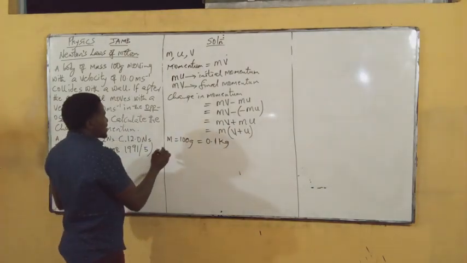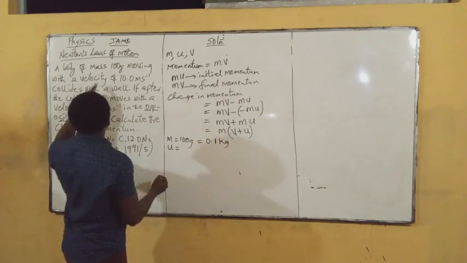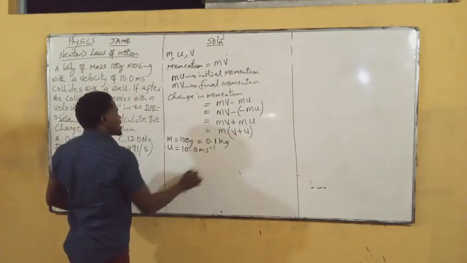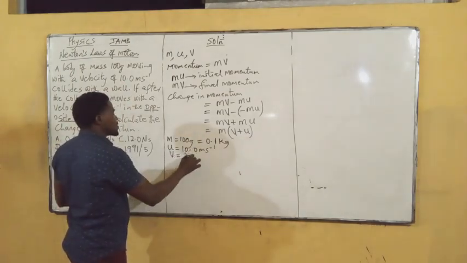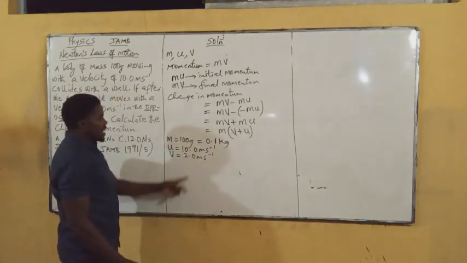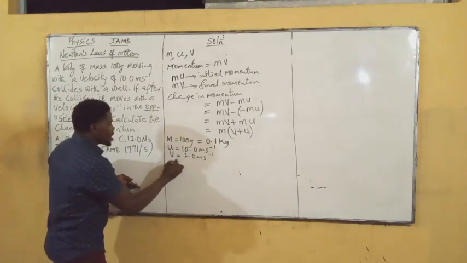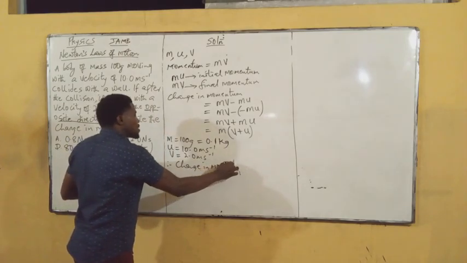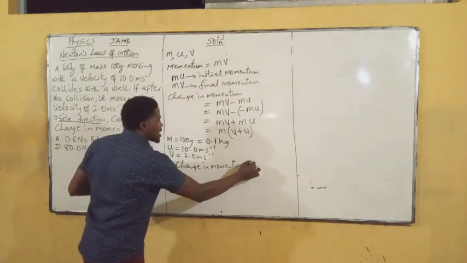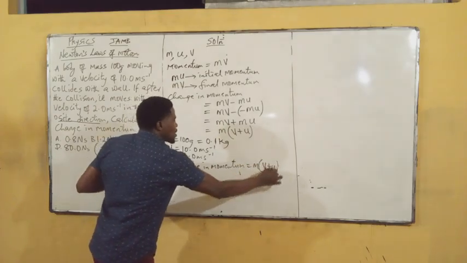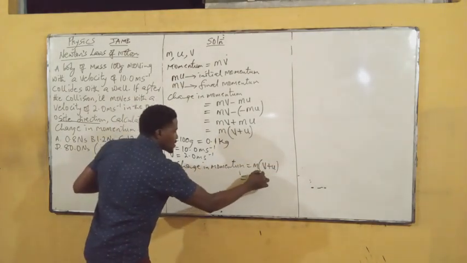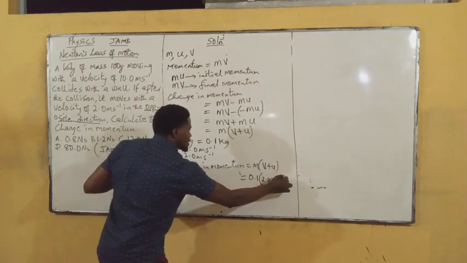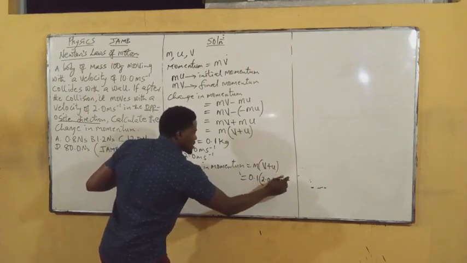Then remember that the initial velocity of the object is 10.0 meters per second, and the final velocity of the object is 2.0 meters per second. Therefore, the change in momentum, which is m(v plus u), will give me 0.1 times (2.0 plus 10.0).